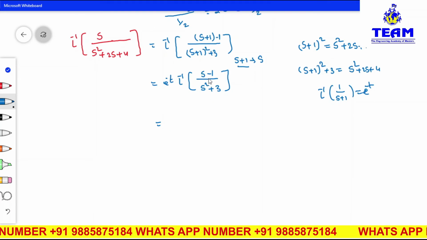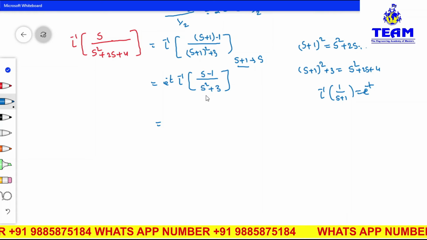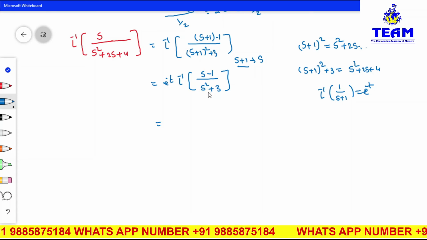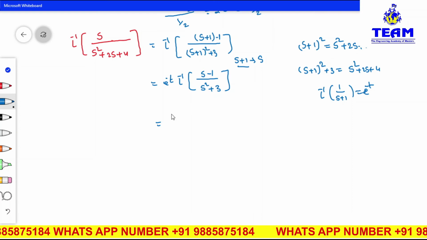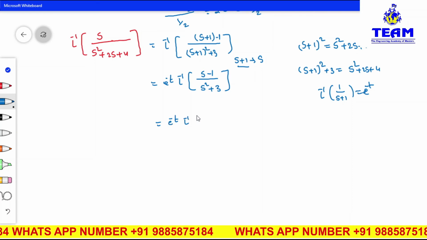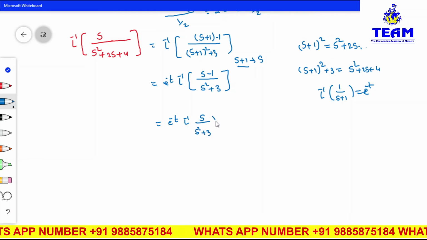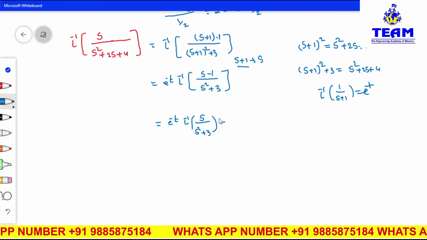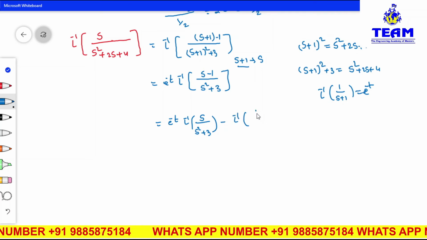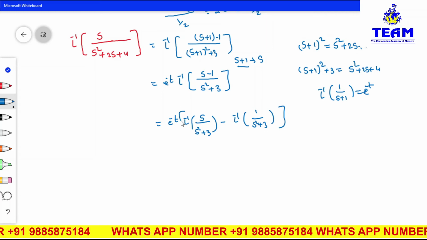Here you can apply the linearity property, because we know the s by s square plus a square and 1 by s square plus a square formulas, but here you have s minus 1. Now you split this one, friends. So e to the power of minus t into L inverse of, first I am writing s by s square plus 3. Okay. Next one, minus L inverse of 1 by s square plus 3. Okay. Give a bracket for both.